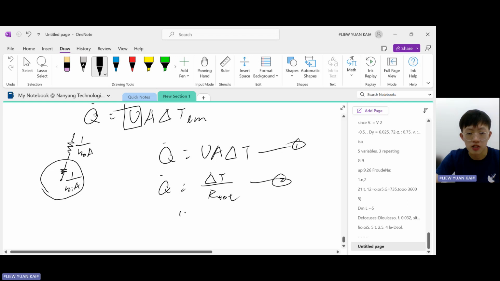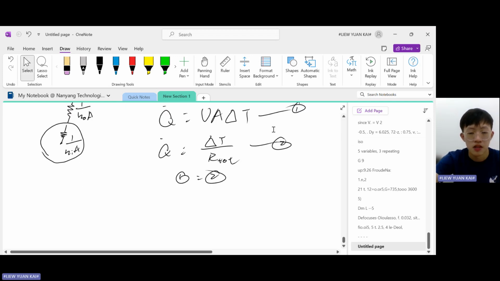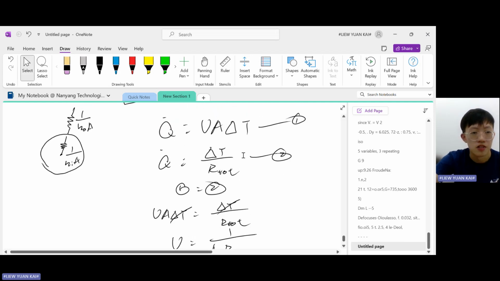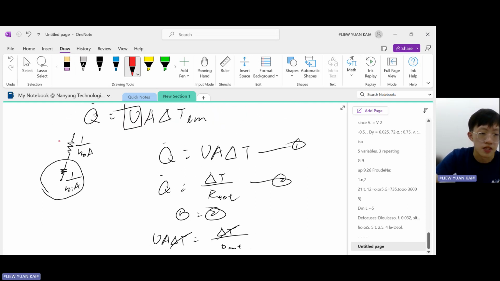So what we do is we take equation 1 and equate it to equation 2. So U A delta T is equal to delta T over R total. Cancel the delta T's, make U the subject. Then find an expression for R total. The total resistance is given by the sum of these resistances in series.